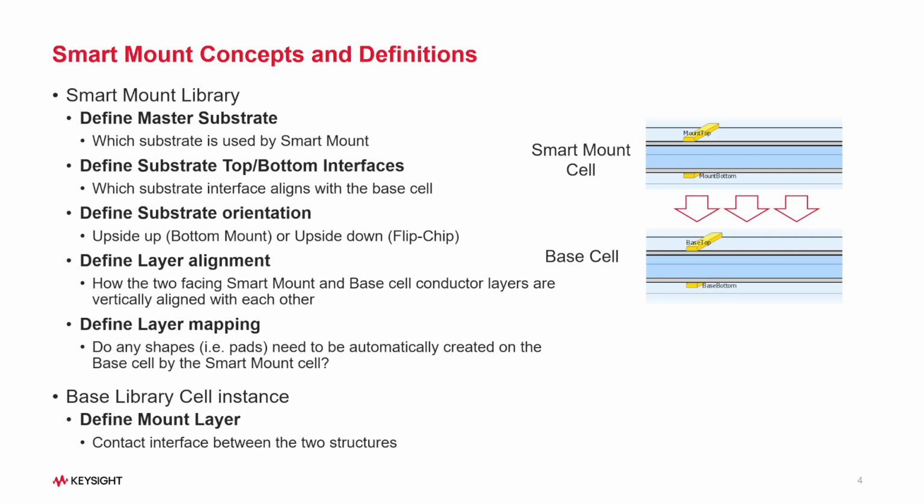So this would be typically when you want to mount a chip on a board or some other, it could be also a package, and you want these pads to be automatically created depending on how the chip pads are defined. But we will not get into this complicated topic that would require more time, so we will not cover this in the video.